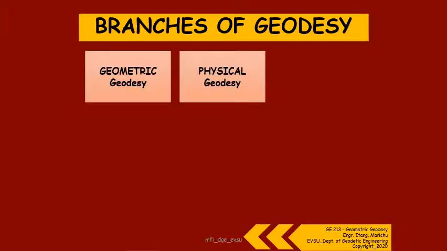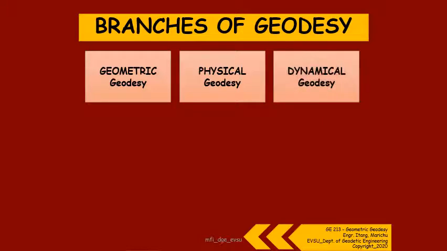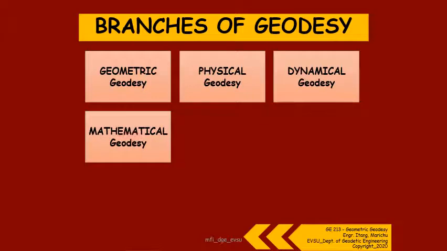Another is dynamical geodesy. It allows determination of the Earth's gravitational field from observing artificial satellites. So it is similar to satellite geodesy. We have another, mathematical geodesy, which is similar to geometrical geodesy. It uses theories and formulas in determining the size and shape of the Earth.